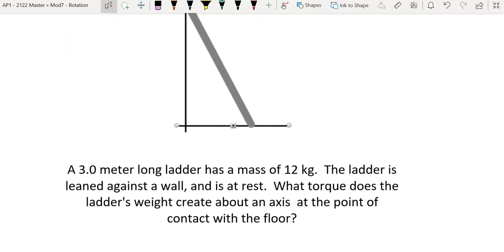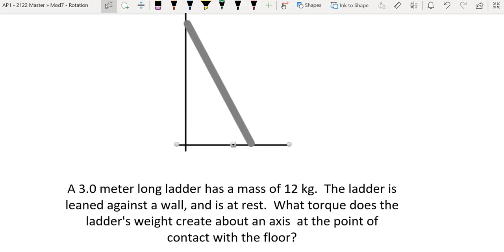Now in this case, here's a different one. Here's a ladder leaning up against the wall, and we're looking for how much torque the ladder's weight creates about this axis. All right, well, look, here is force mg acting on the ladder. Here is R to mg. And in this case, for me, it's easier to break up R into components.